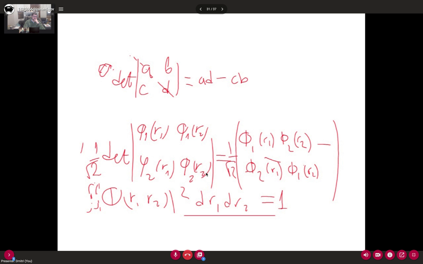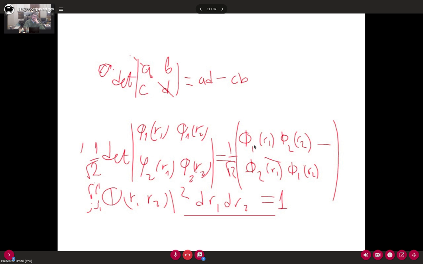Or if we are looking through the columns, then each element in column 1 has index R1, the argument, and each element in the second column has index R2, right? So now if you practice definition of determinant, then it will be two terms.